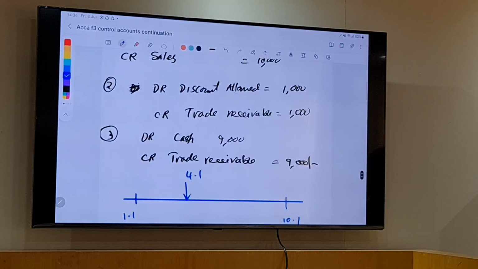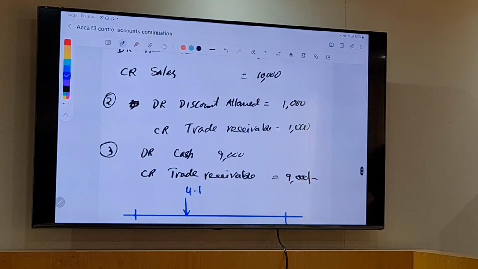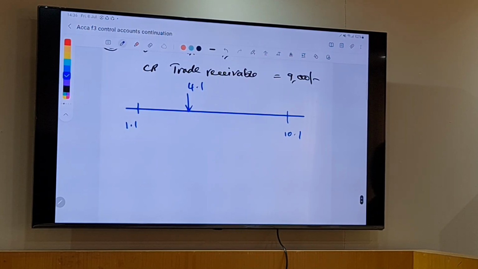Now we will see how we do this in T accounts. We have done the calculation, we have done the double entry, now we will also see the ledgers.